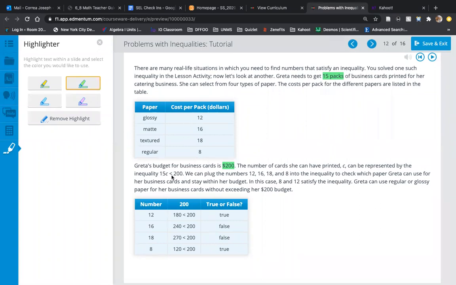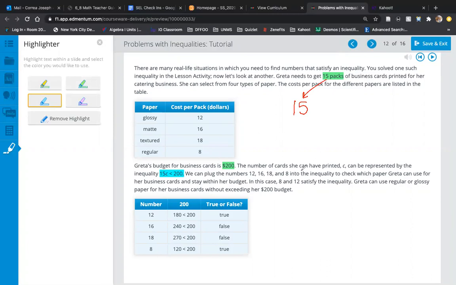What they did for us here is they already set up an inequality: 15C is less than 200. I just want to make sure that we understand where they got that from. We know that she needs to buy 15 packs.